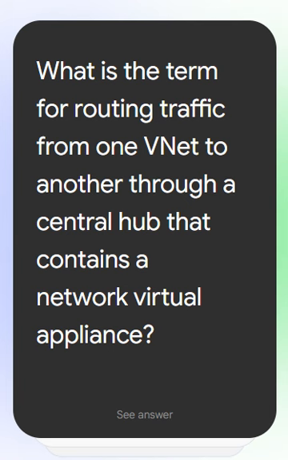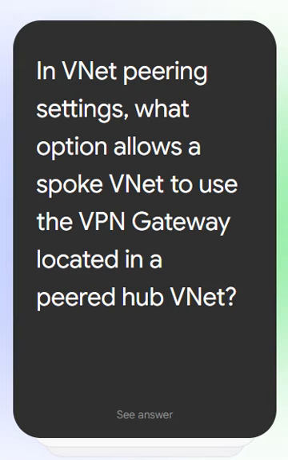What is the term for routing traffic from one VNet to another through a central hub that contains a network virtual appliance? Service chaining. In VNet peering settings, what option allows a spoke VNet to use the VPN gateway located in a peered hub VNet?